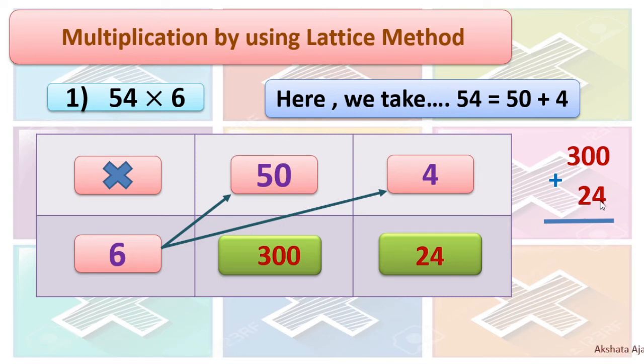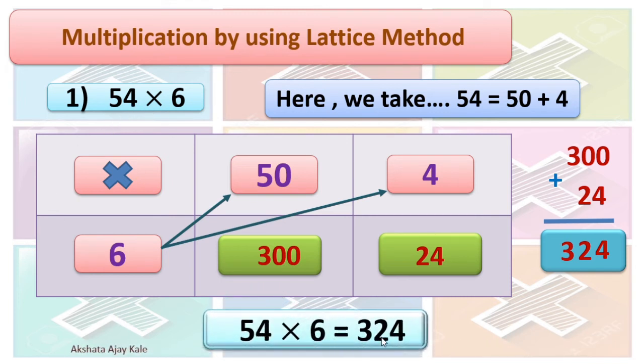Only two digits are there, so this should be below these two zeros. Got this? Now the answer we will write here. 0 plus 4, 4. 0 plus 2, 2. And 3 as it is. Correct? So 54 multiplied by 6 is equal to 324.